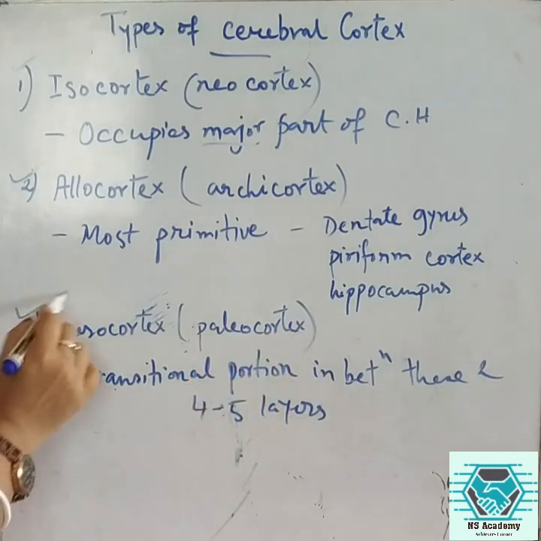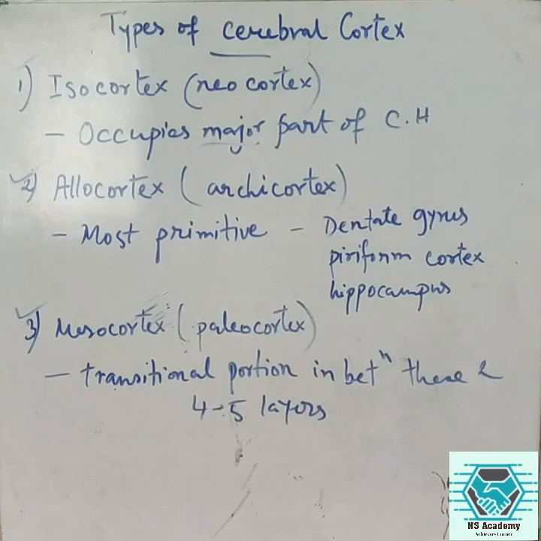And the next one is the mesocortex, also known as paleocortex, and this is the transitional portion in between the two, and it has 4 to 5 layers. Okay, so this is about the types.